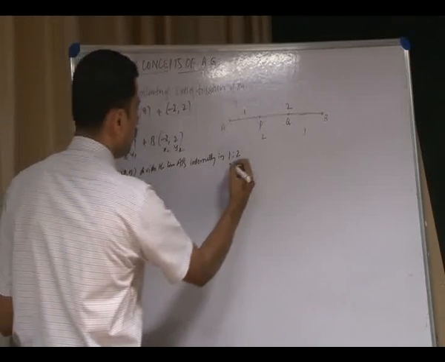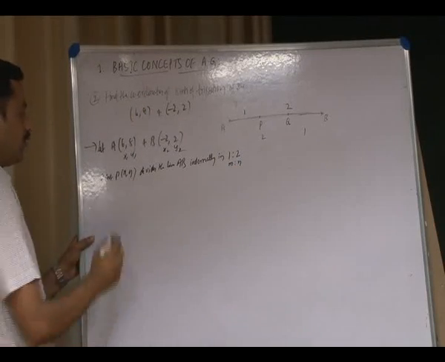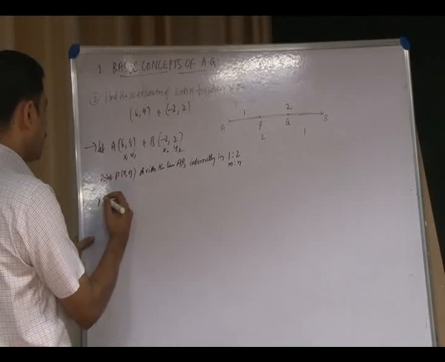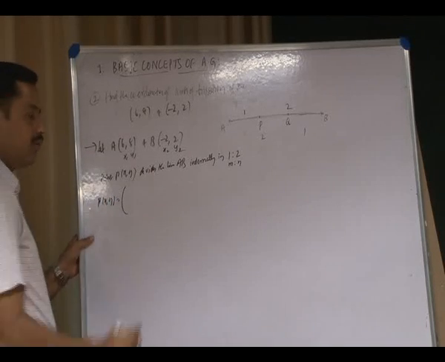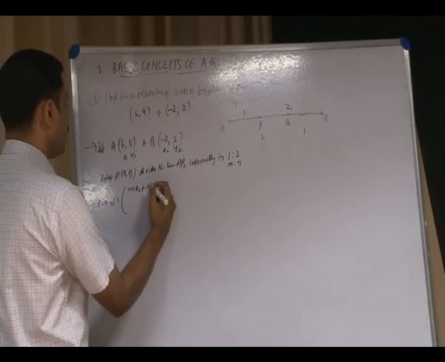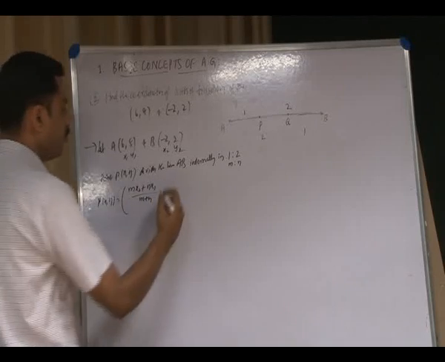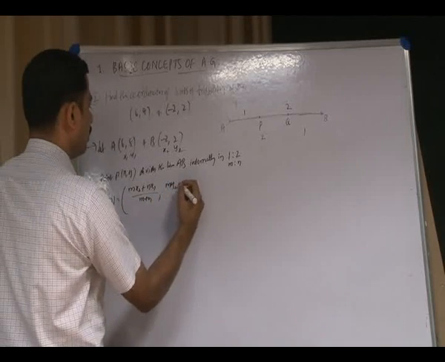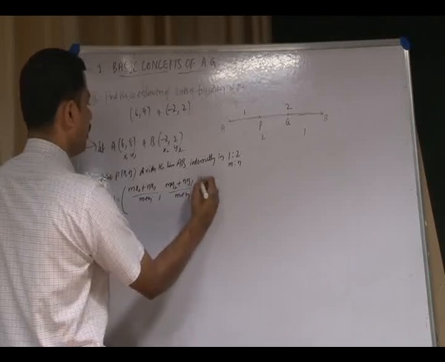So, that ratio is taken as m:n here. Therefore, the coordinates of point P(x, y) are given, according to the section formula for internal division, by (m x2 plus n x1) divided by (m plus n), (m y2 plus n y1) divided by (m plus n).